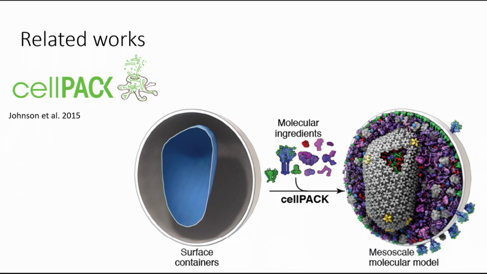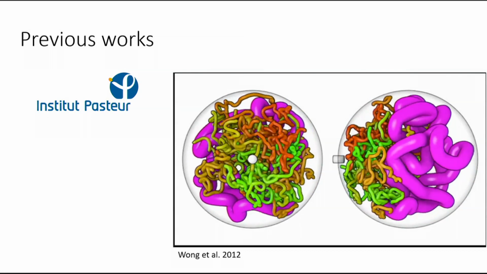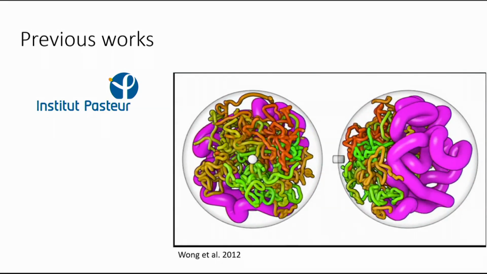The other source of inspiration we have for our work is my own work on the yeast cell nucleus. In this work, we modeled the chromosomes of the baker's yeast using chains of rigid bodies. We used this model to successfully study the self-organization of the yeast.